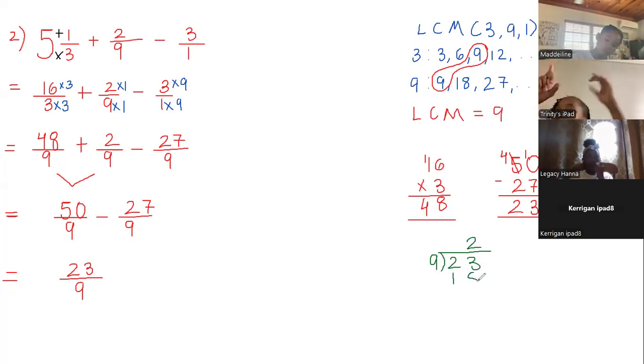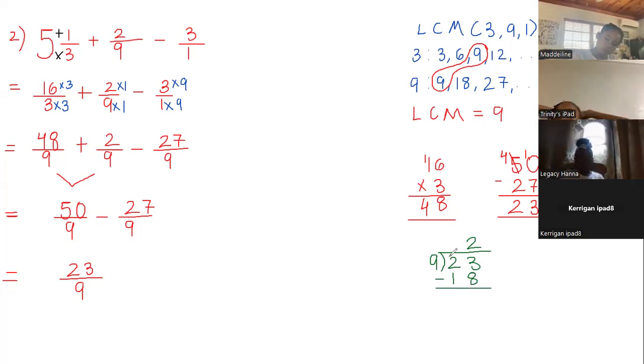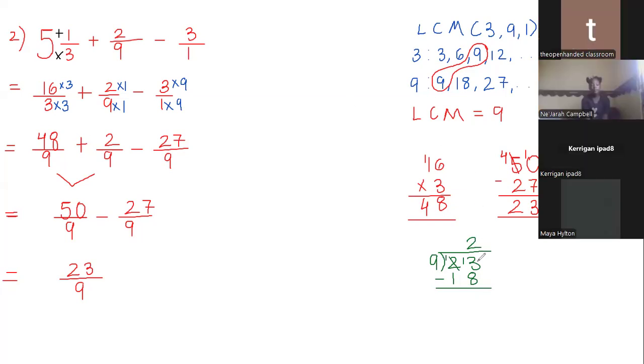9 times 2 is 18. 23 minus 18 is going to be 5. Counting up, 18, 19, 20, 21, 22, 23, that's 5. So what is our whole number? 2.